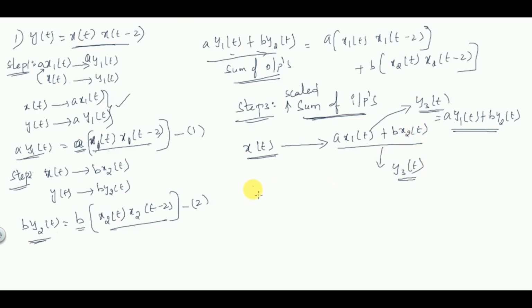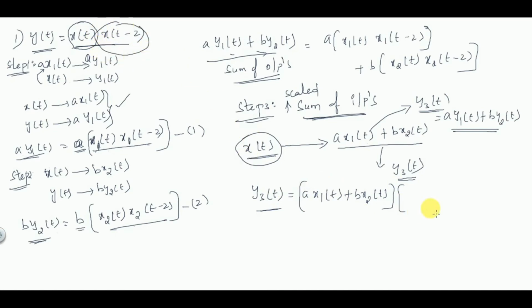So let's see y3 of t, the output which we take in the place of y of t. First x of t is replaced by a into x1 of t plus b into x2 of t. This is multiplied by x of t minus 2, so a into x1 of t minus 2 plus b into x2 of t minus 2.